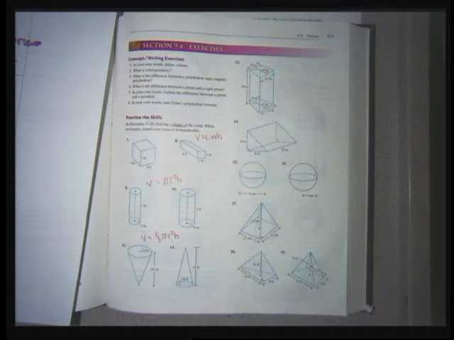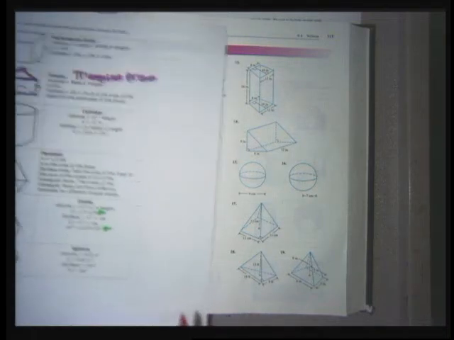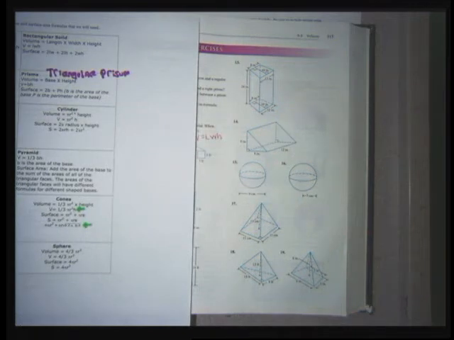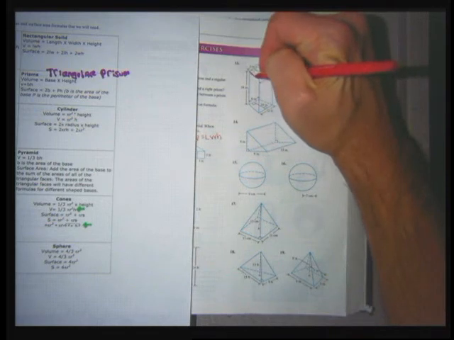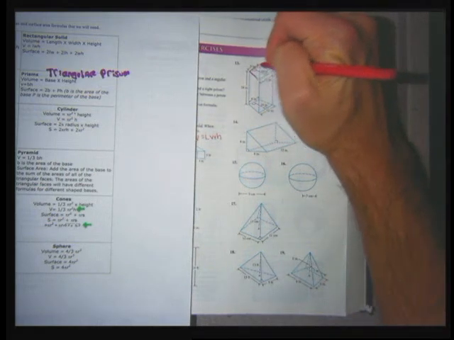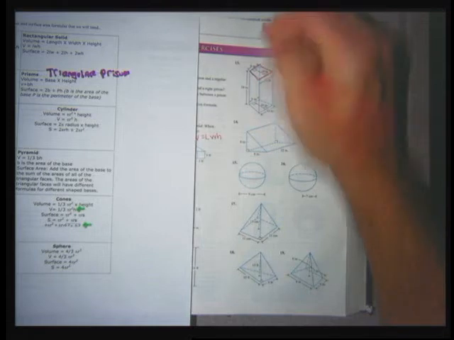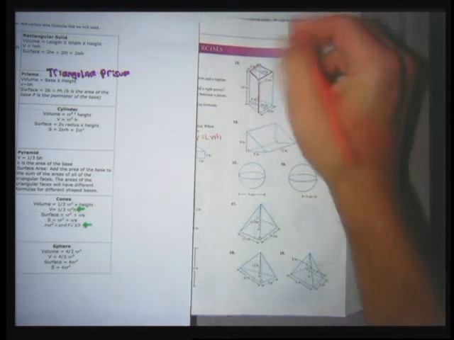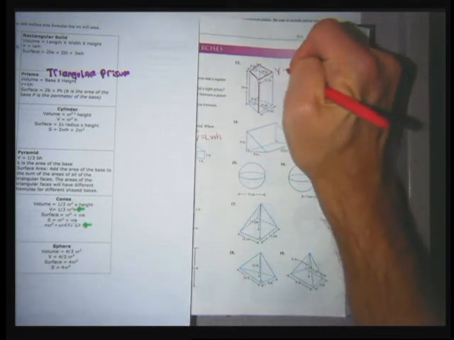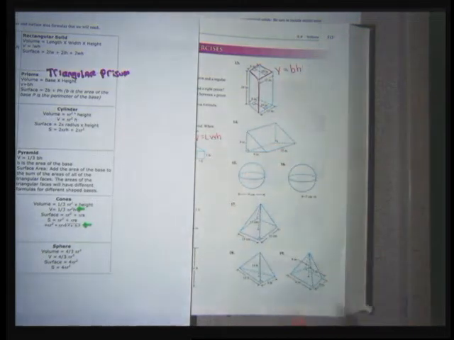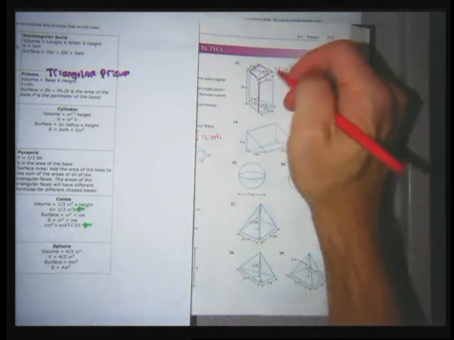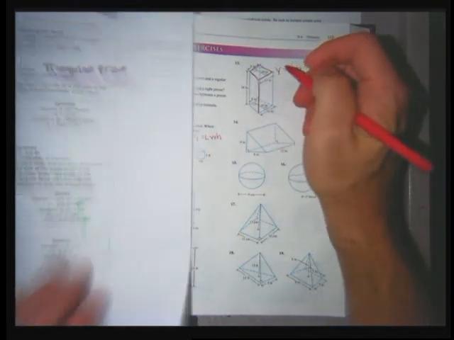And then we start to get a little bit into these sneaky problems. 13 and 14 are prisms. And for 13 and 14, the volume is the area of the base times the height. So when you go to do 13, I'm going to consider this trapezoid the base, and the height I'm going to consider 24. So the volume is the area of the base times the height, which means to find the area of the base, you have to remember the formula for the area of a trapezoid.